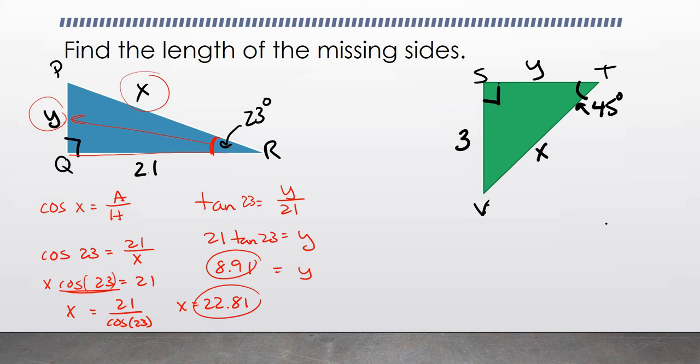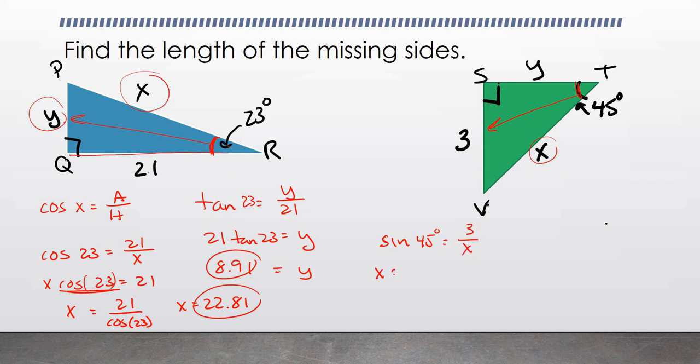Okay, try this green triangle on your own. Find X first and then Y, and then come on back. Okay, X is the hypotenuse. I know 45 degrees and I have the opposite. So I'm going to use the sine of 45 degrees equals the opposite over x.